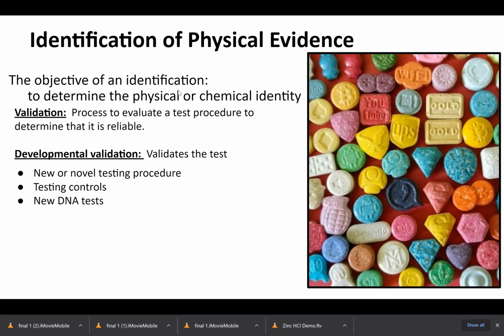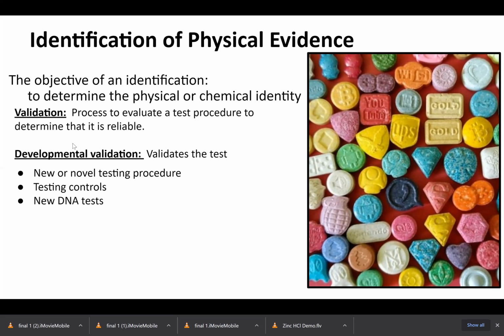The objective of an identification is to determine the physical or chemical identity of a material. In order to do that, we must first validate the test method that we're going to use. Validation means the process to evaluate a test procedure to determine that it is reliable and gives the correct answer.